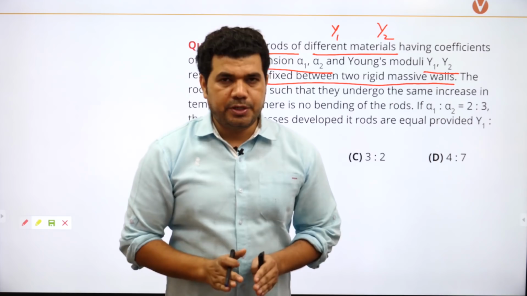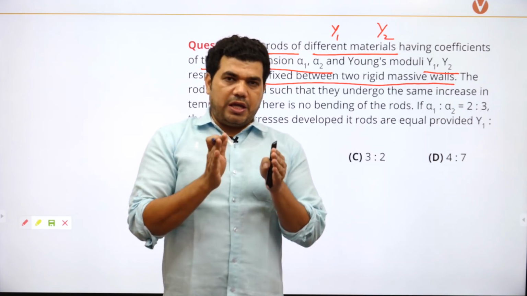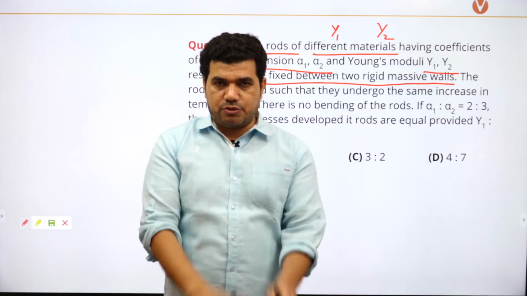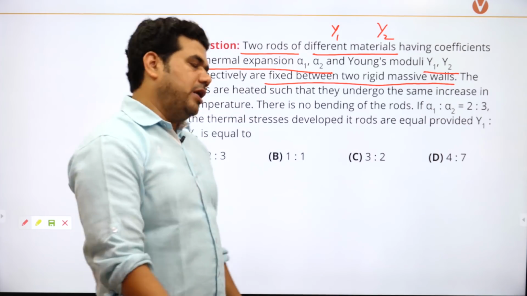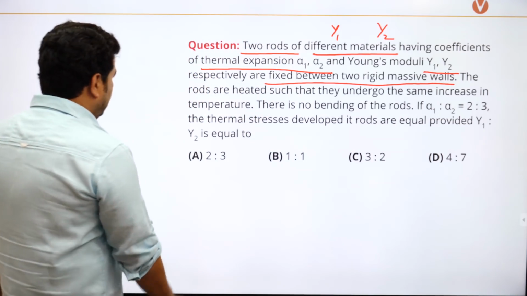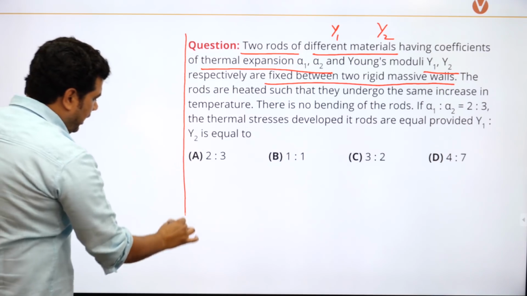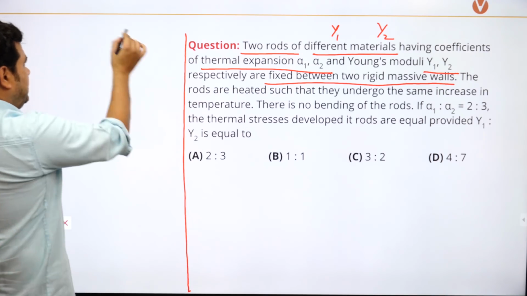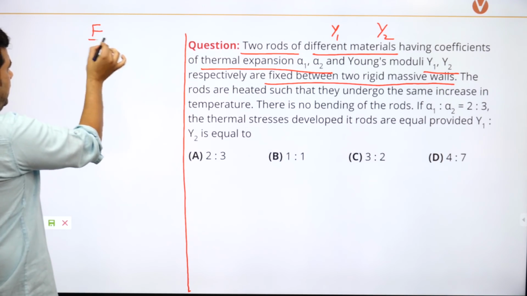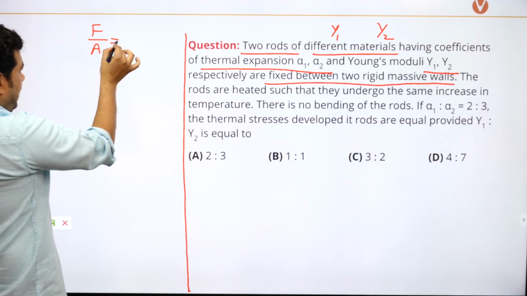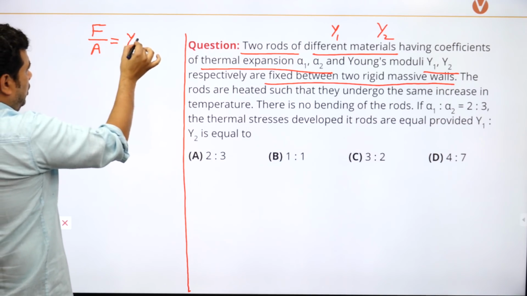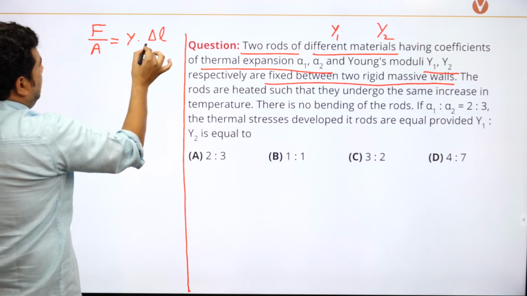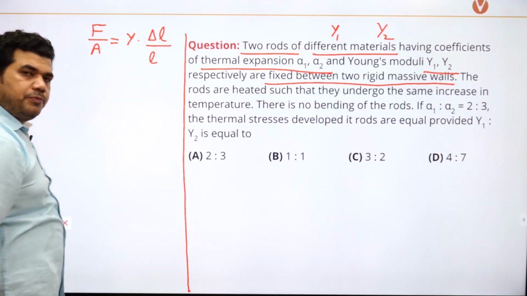Due to this, we have to find that thermal stress. What is the thermal stress? Let's see. If there is a change delta L, then what is the stress? The stress developed is F upon A is equal to Young modulus times delta L by L.